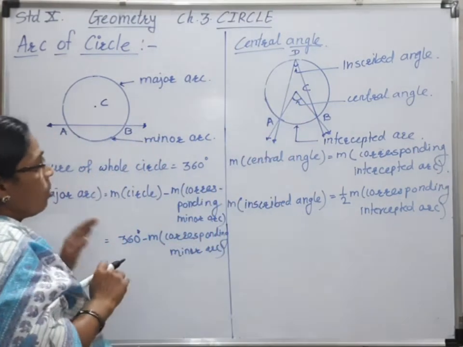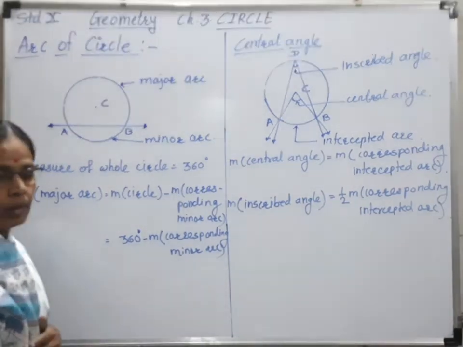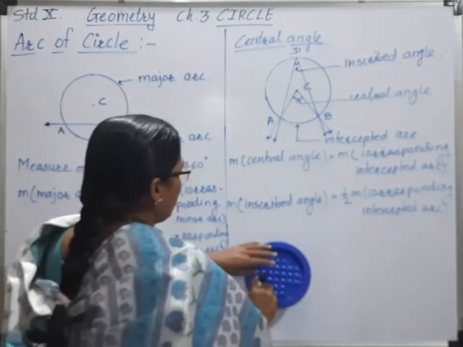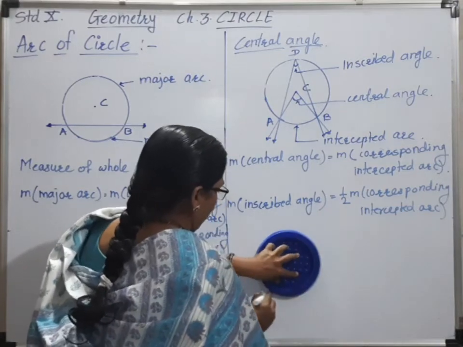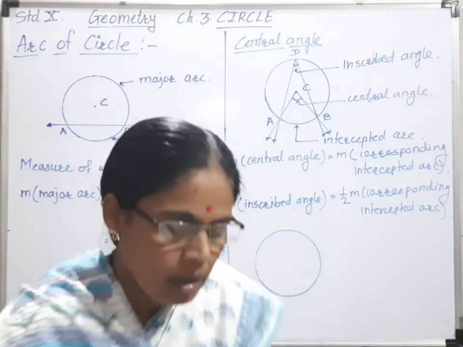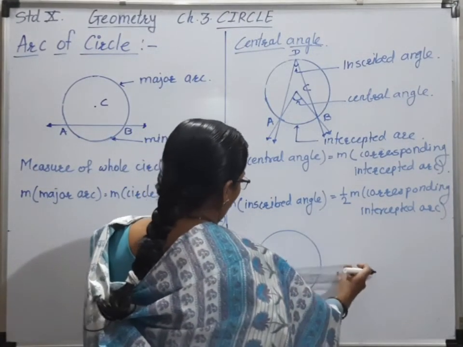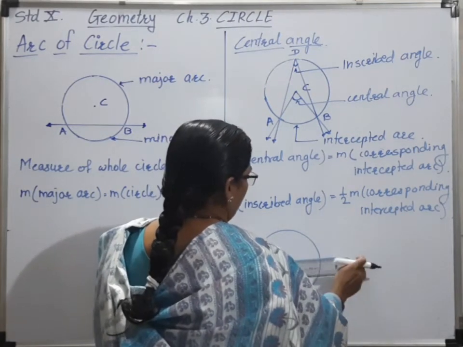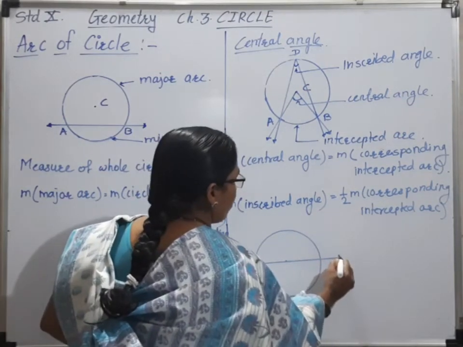Now this part we learned already in the previous class. But if any chord is in the circle, and if we draw this chord through the center of the circle, the circle is divided into two parts.